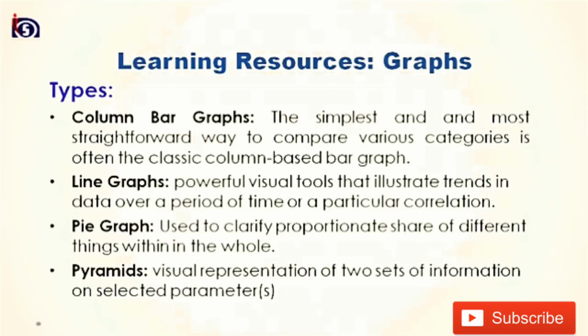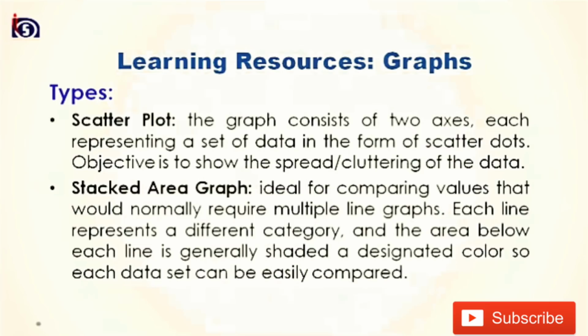Then we are having pyramids. Pyramids are visual representations of two sets of information on selected parameters. Then we are also having scatter plot graphs. Scatter plot graphs consist of two axes, each representing a set of data in the form of scattered dots, and the objective of a scatter plot is to show the spread or the clustering of the data.